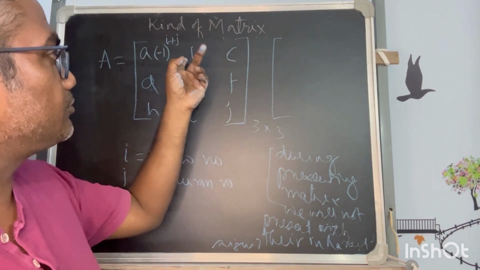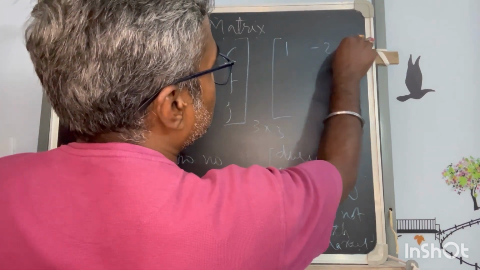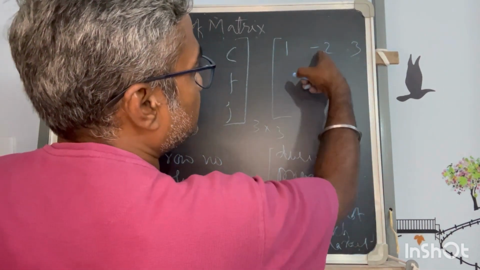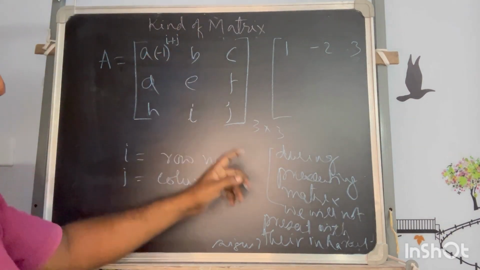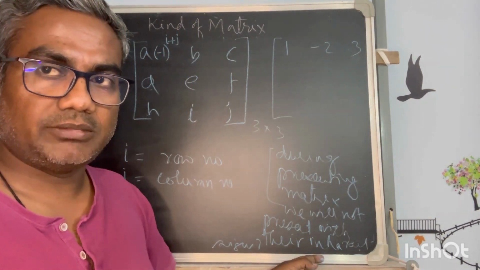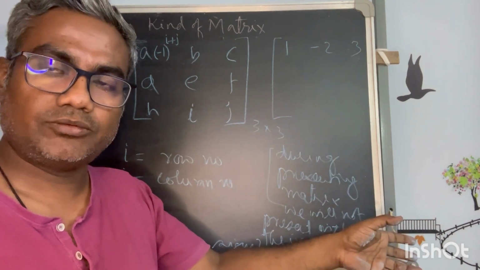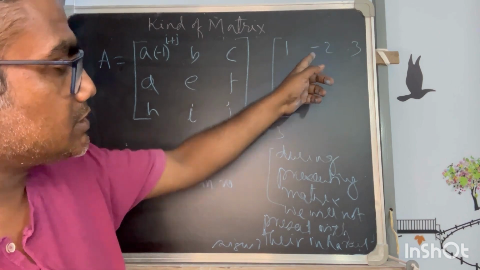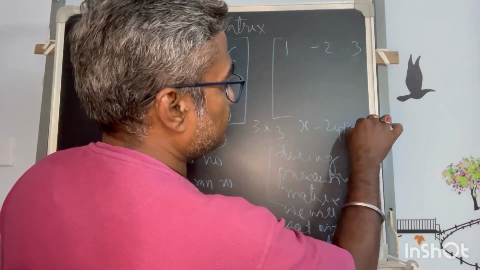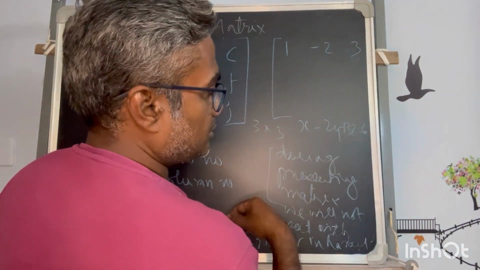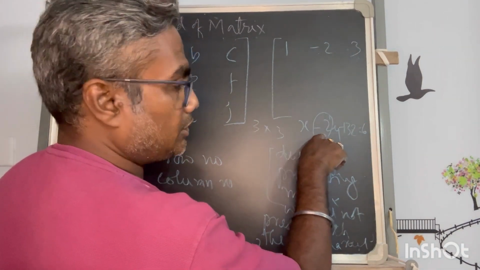The signs that will be represented here, let's say I am writing 1, minus 2, 3. That doesn't mean that the sign is the sign which is inherent to the position of the element. When I expand it, the inherent sign will come into the picture. But this sign is being taken from an equation like x minus 2y plus 3z equals something, where the sign comes along with the equation.